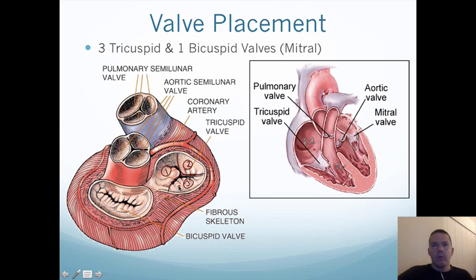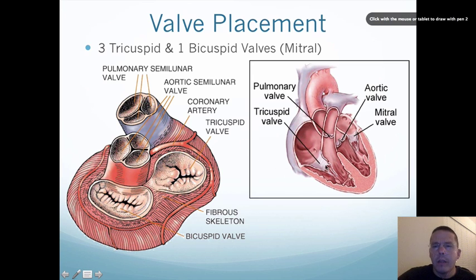Now you would think, oh, well, we would always want the blood to pass through as easily as possible with as little interference as possible. But that's not always the case, and when we get into the normal values and the normal pressures, you'll see that that's not always the best thing.